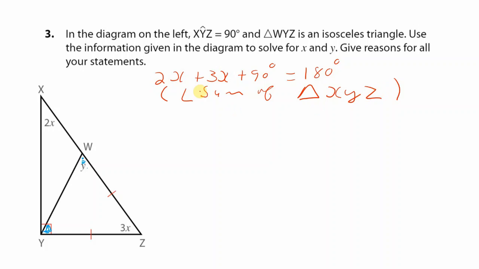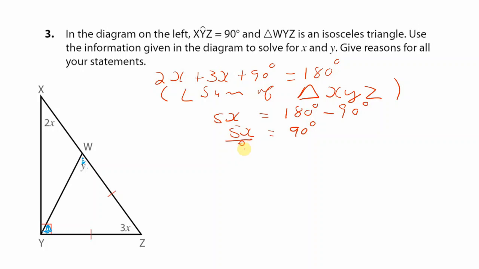And now we can solve x. We can swim the 90 across, it becomes negative. We can add the 2x and 3x, so it's 5x equals 180. We said we swim across the 90, the plus 90 becomes negative 90. So therefore 5x equals, we have 180, we give away 90, we still have 90 degrees left.